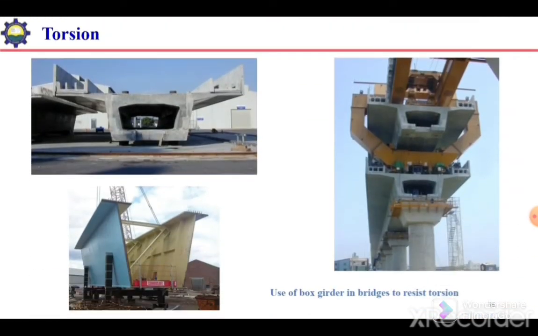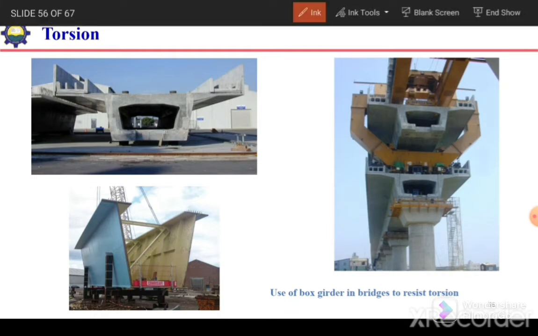So here we have a practical application of this concept. To avoid torsion in case of bridge decks, we use box girders, because in case of bridges, the load of a vehicle can act on any side of the deck slab.